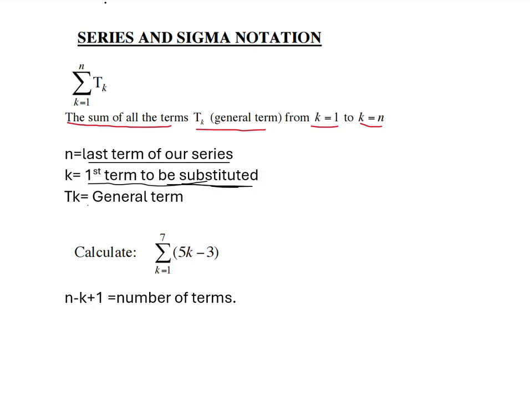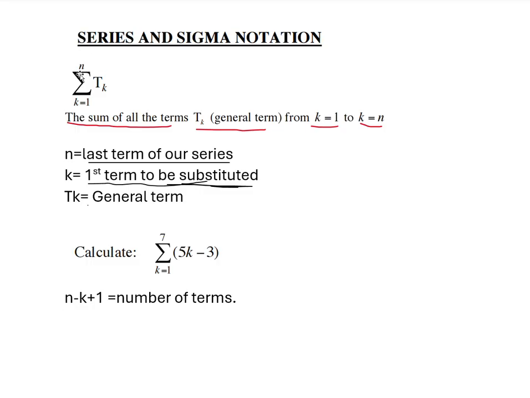So let's answer this question, which says calculate. For you to calculate, you have to find the number of terms. So let's do that. The number of terms is given by n minus k plus 1, which is equal to, what's our n? Our n is the number at the top.